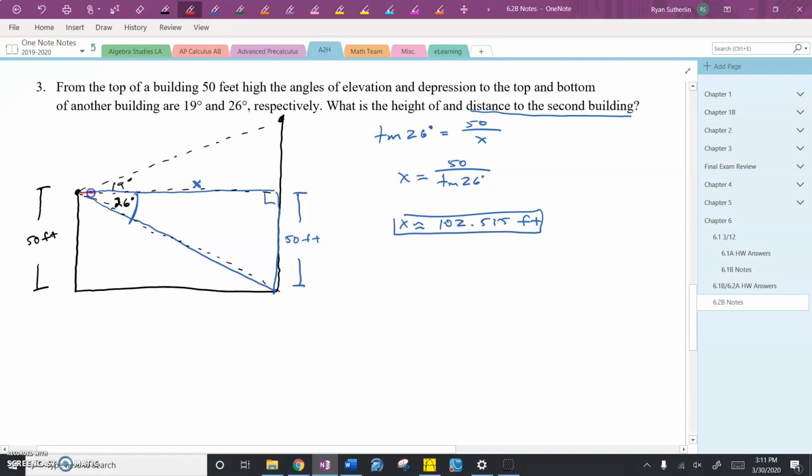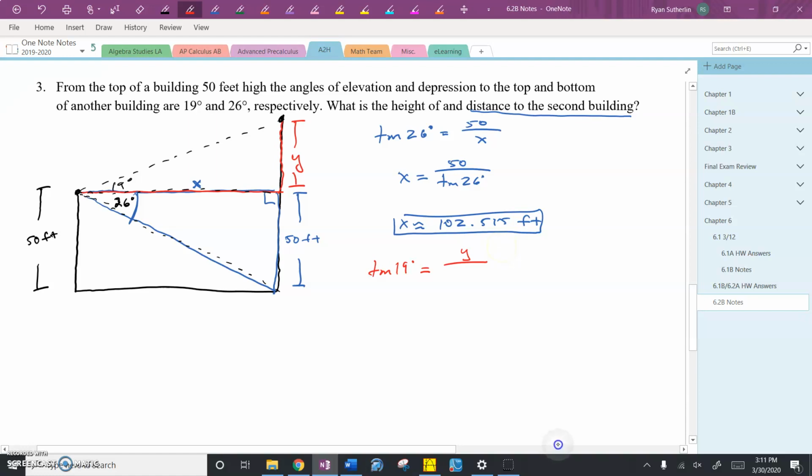So that's the distance to the second building. Now, if I use this triangle on the top, we now know what x is. Now I want to figure out the value of y, so then I can add it to 50 to get the height of the building. So again, I can use tangent. Tangent of 19 degrees is equal to y over x. Now what I'm going to use for x, you can use the exact decimal. I don't want to use the rounded version.